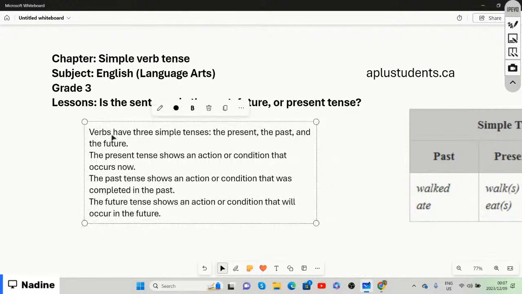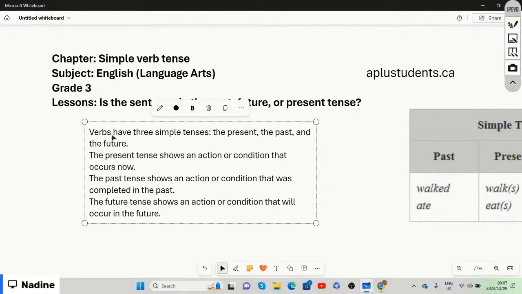The past tense shows actions or conditions that were completed in the past. It happened already. And the future tense shows the action or condition that will occur in the future, meaning it did not happen as yet, it will still happen.